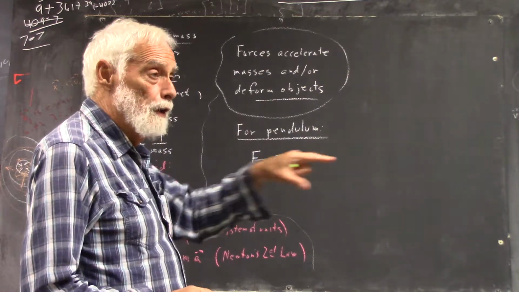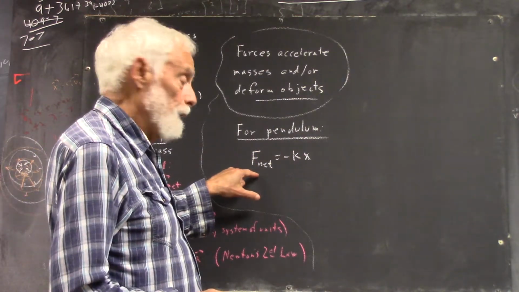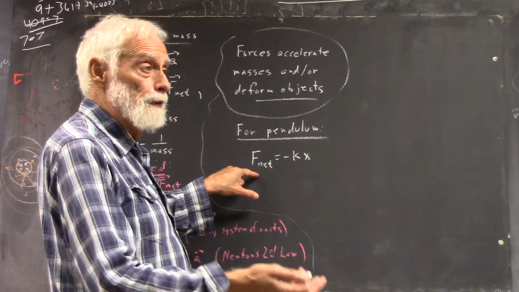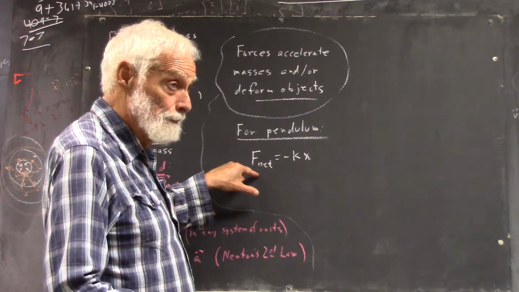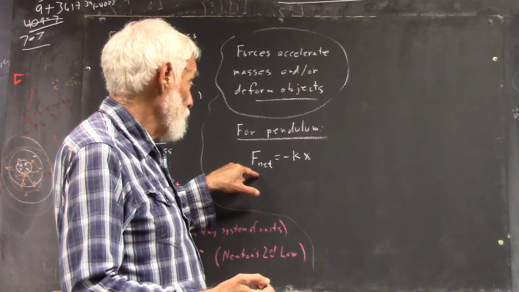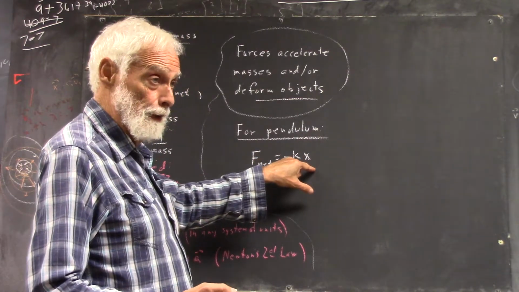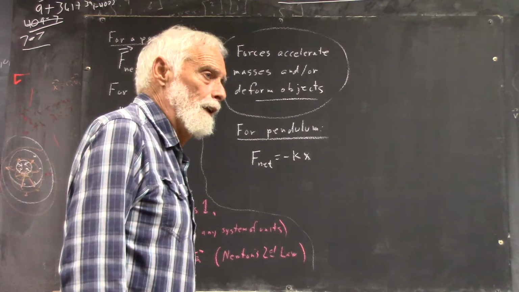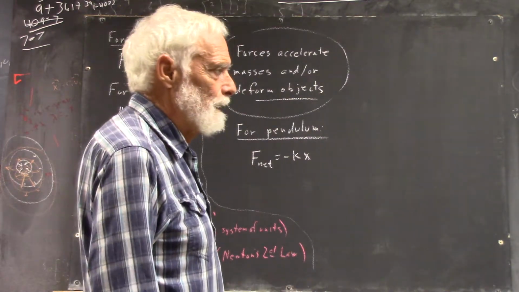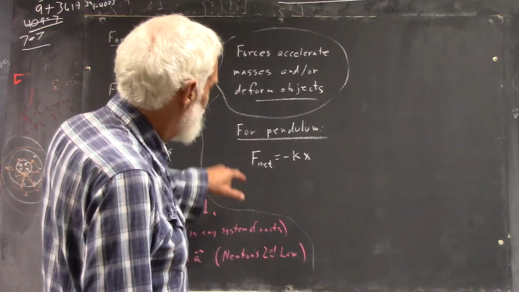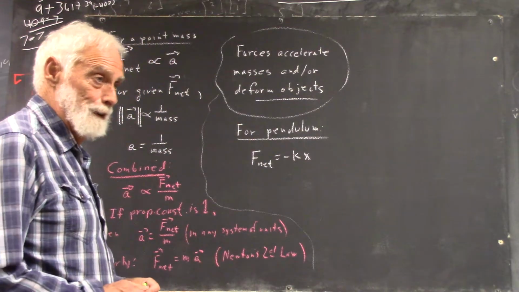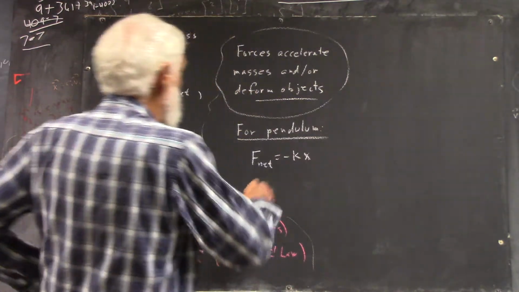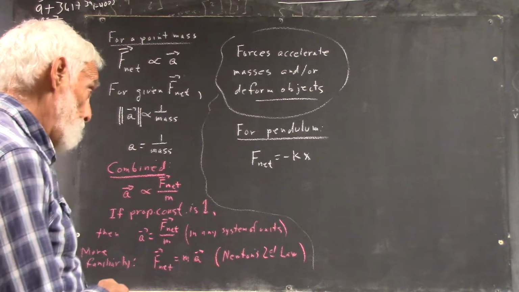So we're really just talking about a force in the x direction that might be positive or negative, which actually does make it a vector. We're not going to write it that way. It was negative kx. We want to do some calculus with this. We don't want those vector arrows over it. That introduces complications that justify a little bit of sloppiness in our notation. Okay, so we have F net equals negative kx.